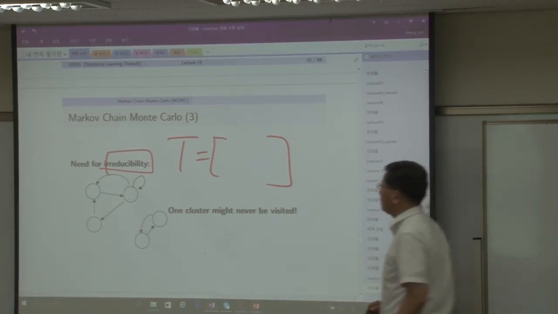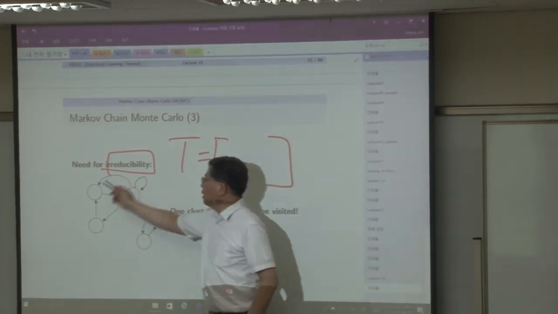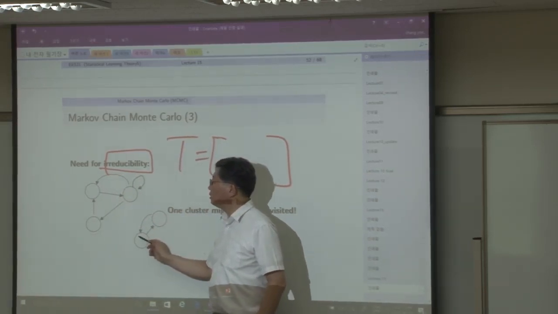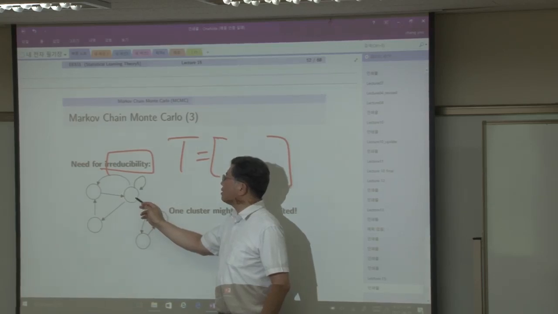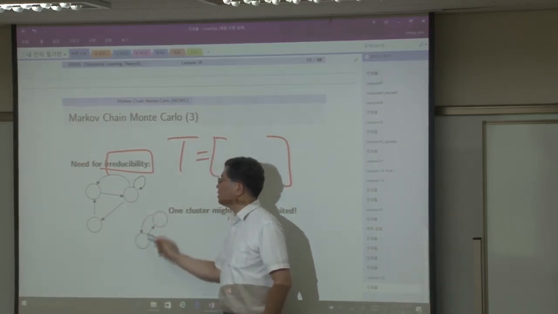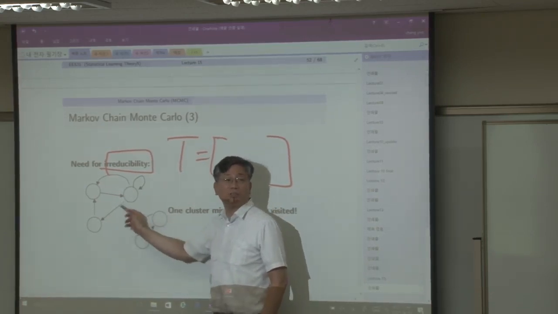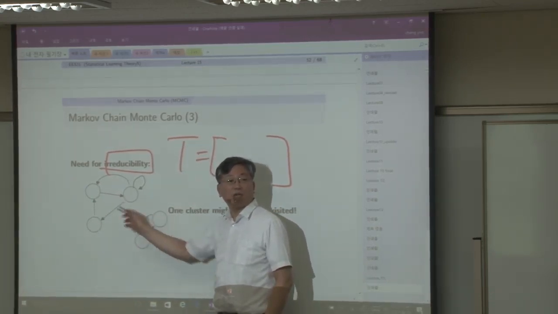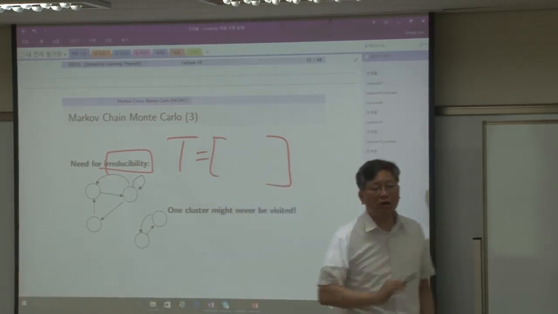Here you can see the situation: I have 5 nodes, and there is no link between this cluster and this cluster. I cannot go from here to there. There are 2 clusters. If that happens, this will not happen.